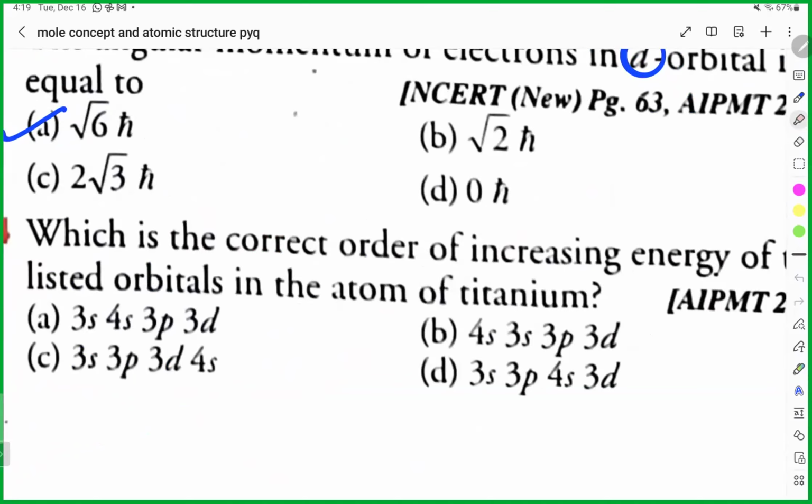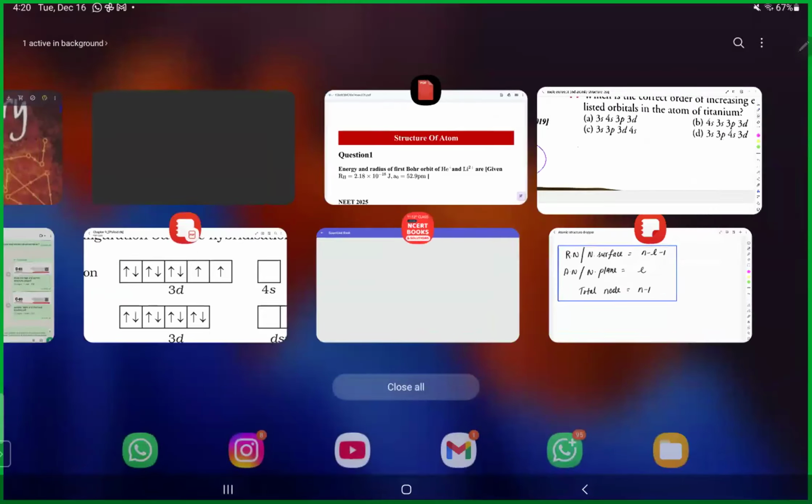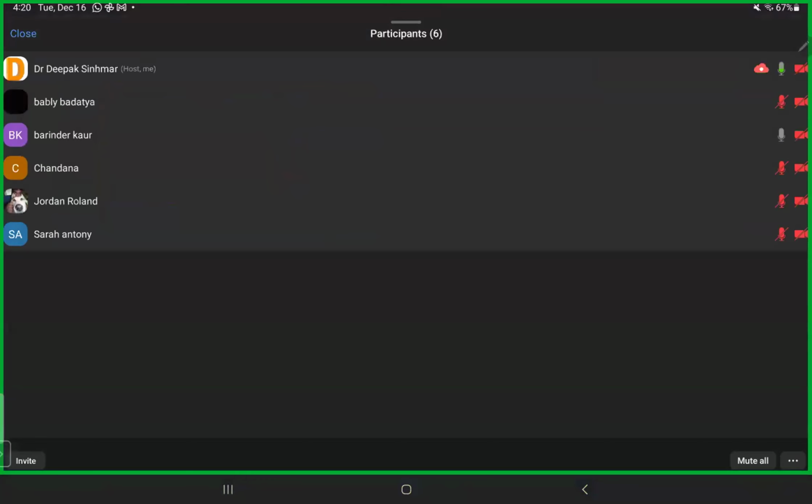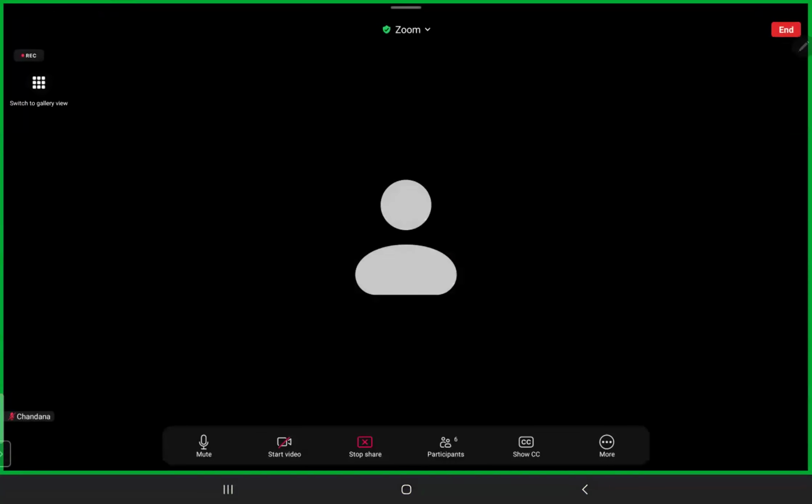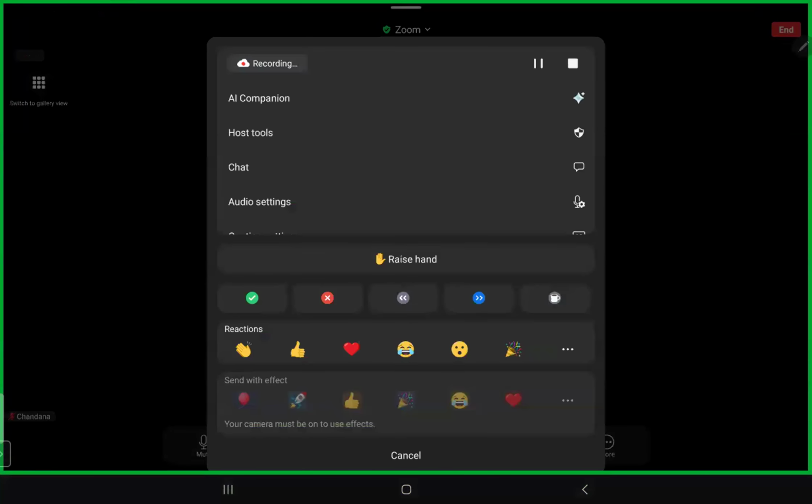And trust me, 60% of this chapter is done because the remaining part is given in your 12th class physics also: dual nature of matter, atoms and nuclei. Atomic structure, the same chapter is given over there. Only this part is not there. So we did 60% of this. Now, what you have to do is solve 40 questions.